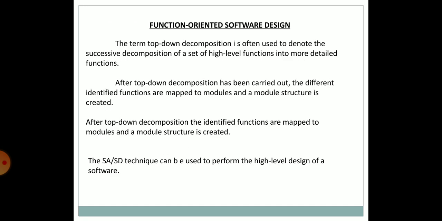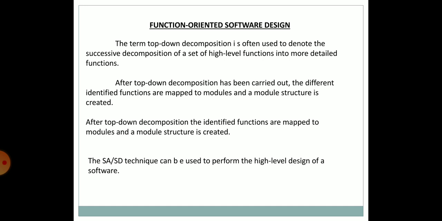Next is function oriented software design. Function oriented design techniques were proposed nearly four decades ago. These techniques are still used by many software development organizations, and they view a system as a black box that provides a set of services to the users of the software.